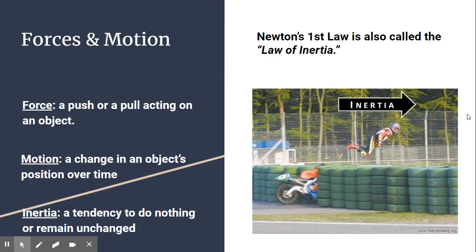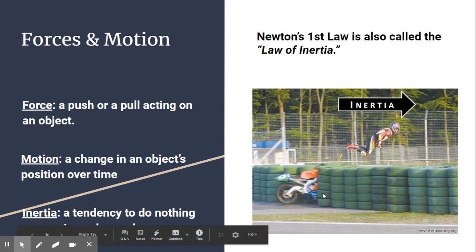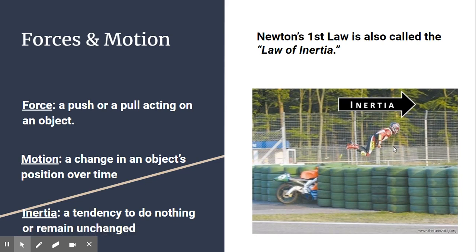In this example of inertia, you can see a motorcycle rider who is in the middle of crashing their motorcycle. As their motorcycle is driving into the tire barricade, a force acts on the motorcycle, stopping its motion. That force is acted on the bike and not on the person.